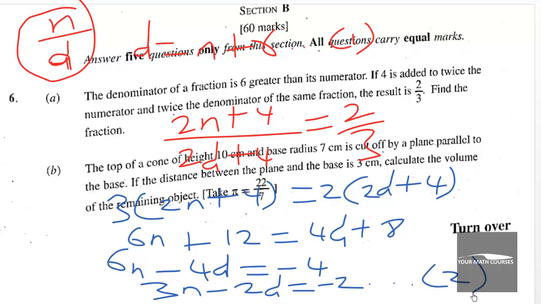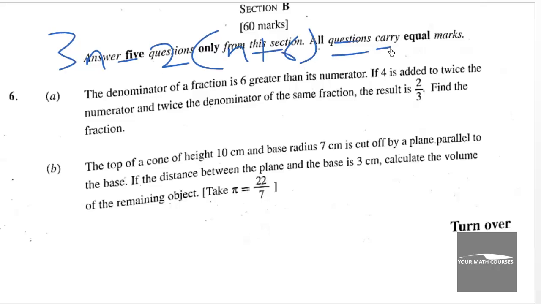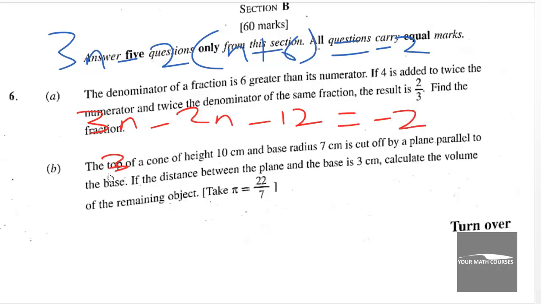Now let's substitute n plus 6 whenever we see d over here. So the equation becomes 3n minus 2 times (n plus 6) is equal to negative 2. So we have 3n minus 2n minus 12 is equal to negative 2. So 3n minus 2n will be equal to negative 2 plus 12.